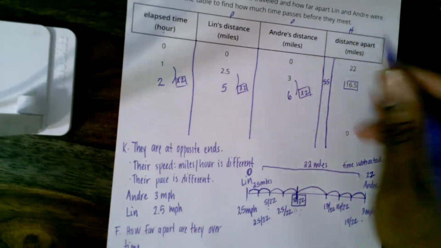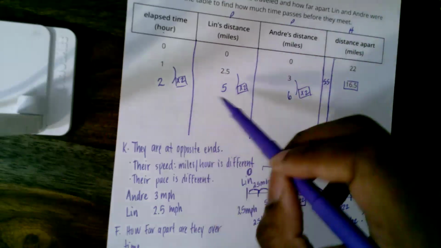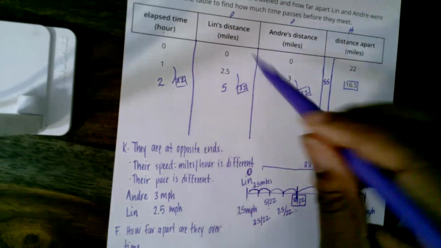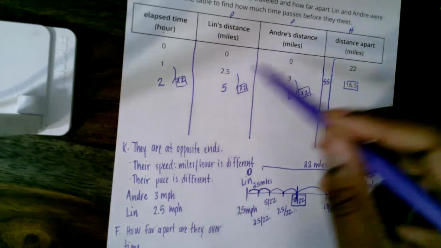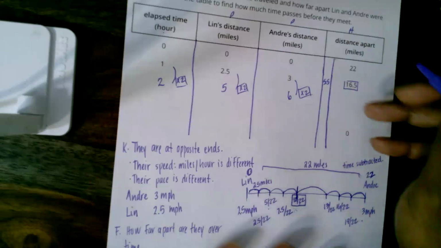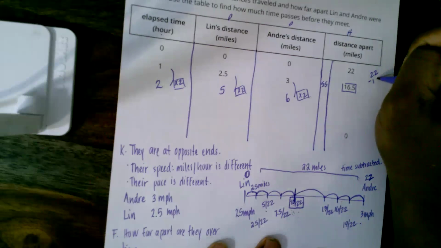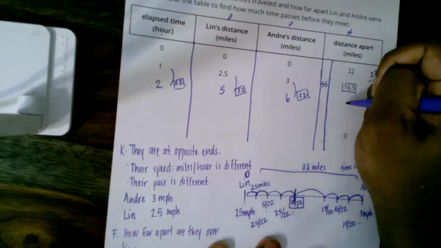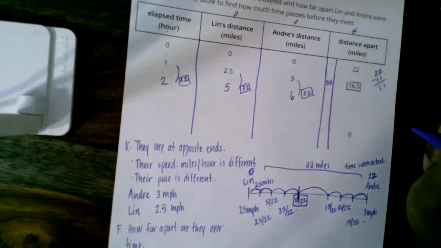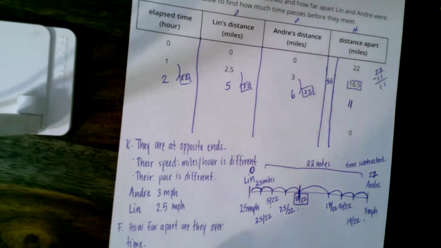So in 2 hours, Lynn traveled 5 miles, which is here. In 2 hours, Andre traveled 6 miles, which is here. Total, that's 11. So 22 minus 11 puts them at 11 miles apart. And what does that mean?